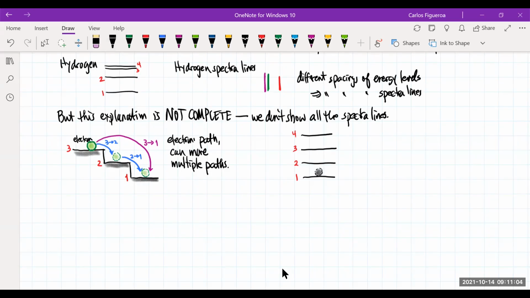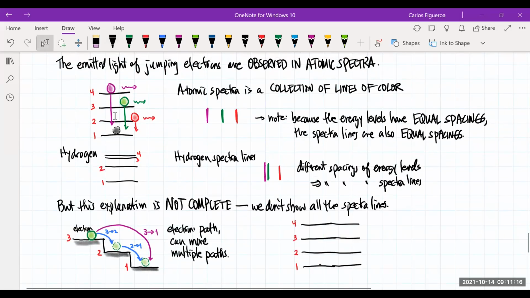So check this out. What I'm going to do here is extend these lines a little bit. Let's look at the purple one. If I look at that purple electron, I don't know why I keep saying purple. Note that this has 3 possible jumps, right? So we could go 1, 2, 3.